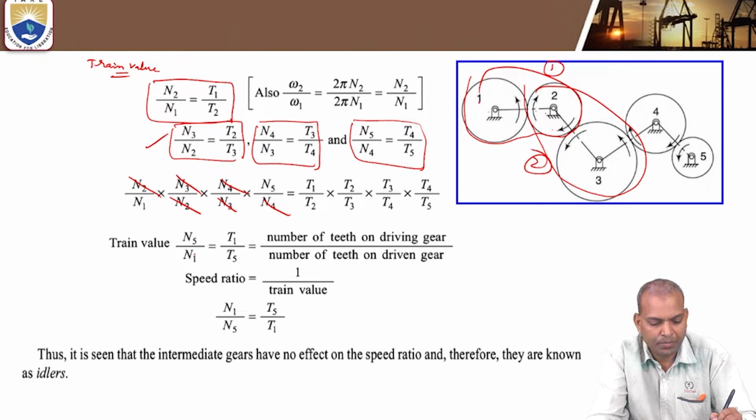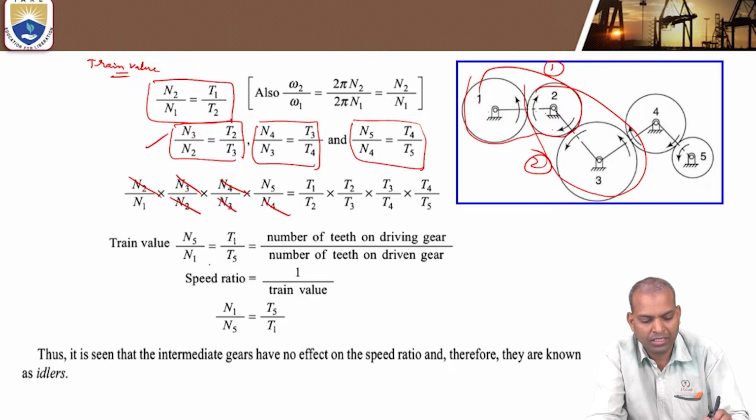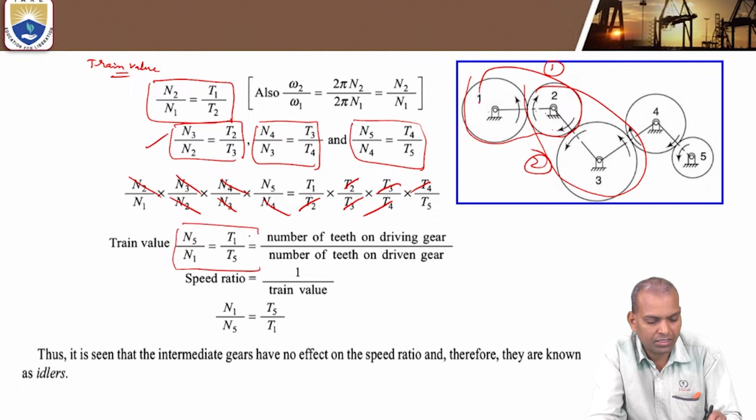Considering T1 by T2, T2 by T3, T3 by T4, T4 by T5, finally N5 by N1 equals T1 by T5. That is the train value of this simple gear train.